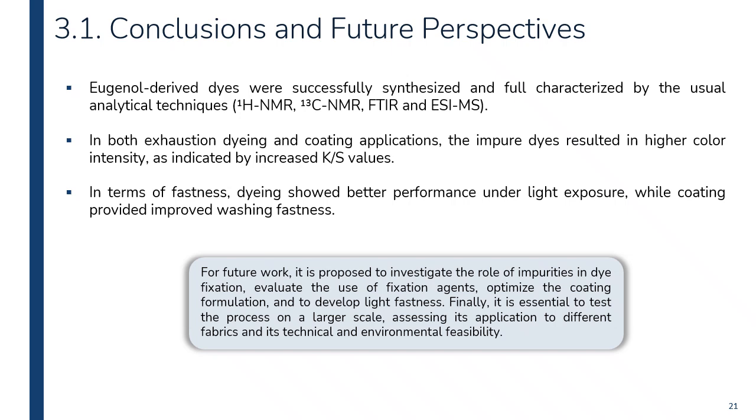In both exhaustion dyeing and coating applications, the impure dyes resulted in higher color intensity as indicated by increasing color strength values. In terms of fastness, dyeing showed better performance under light exposure, while coating provided improved washing fastness.